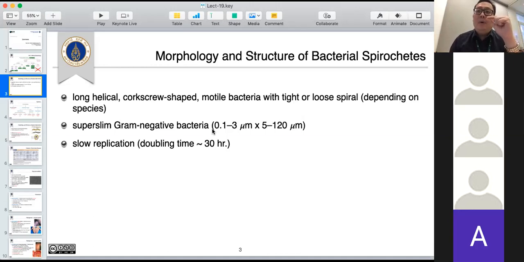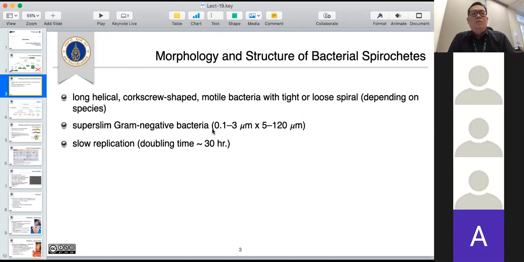Another parameter for spirochetes, because the cells are curvy, is the amplitude: how far it is from coil turn to turn, how big the turn is. That is also a parameter for identification of spirochetes. There are not many spirochetes in the whole kingdom of bacteria.